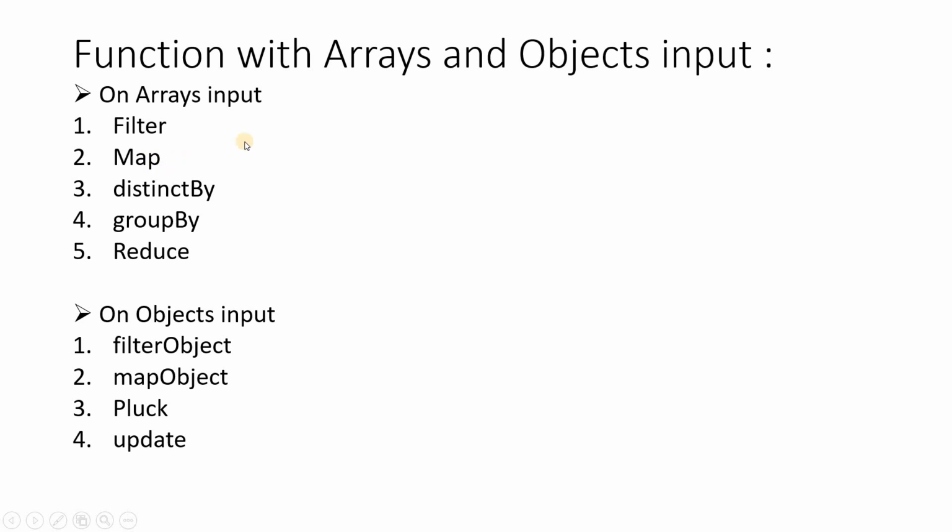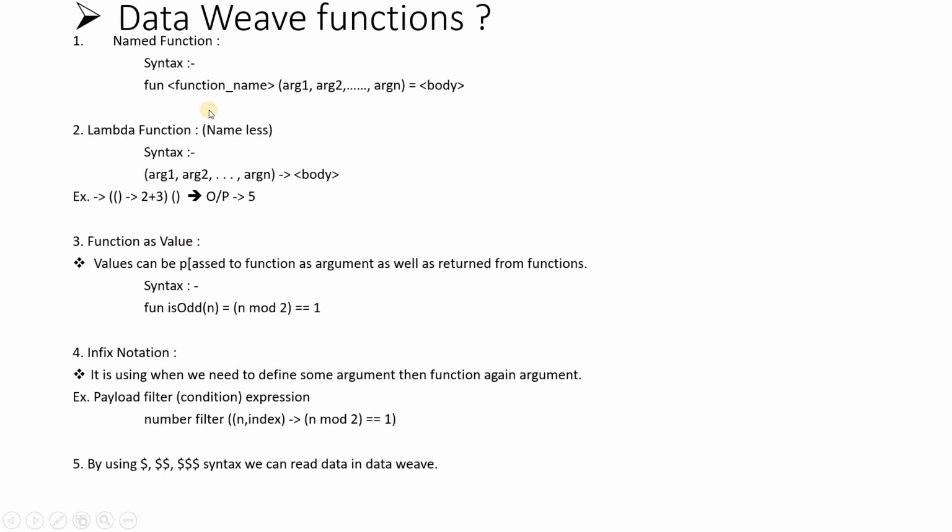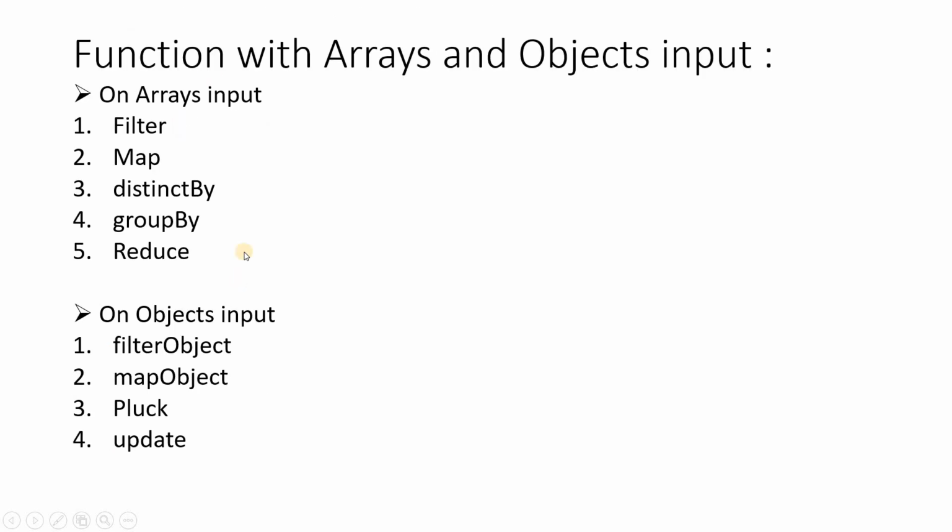The map we use on array input, and mapObject we use on object input. Pluck we can also use on an object, and there is the update function as well. So these are the functions to use on arrays and objects. I will cover all these functions, and the functions with arrays and objects, in my next video, which is the second part.